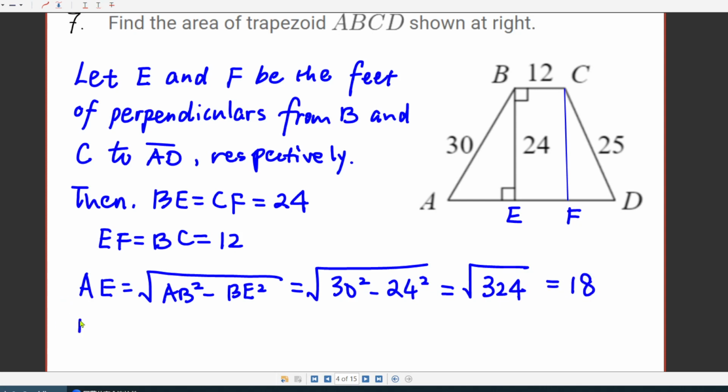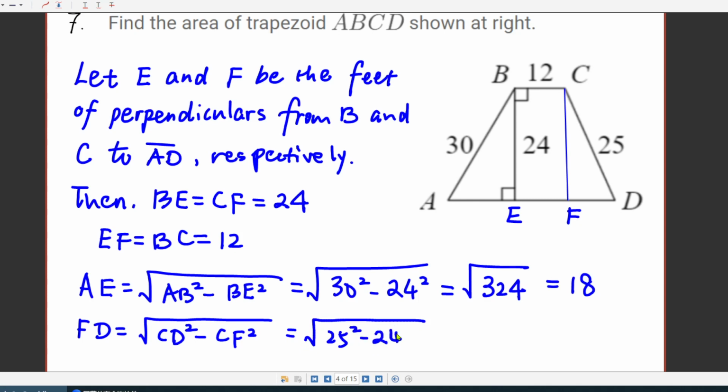And we also know that FD can be found by using the Pythagorean theorem as well, which is the square root of CD squared minus CF squared. This gives us the square root of 25 squared minus 24 squared, which is the square root of 49, which is 7, right?